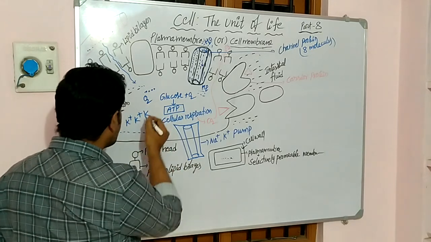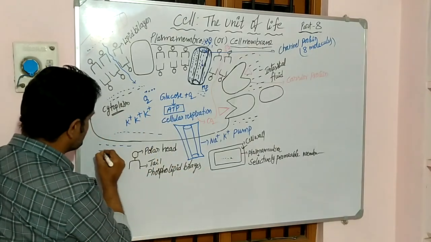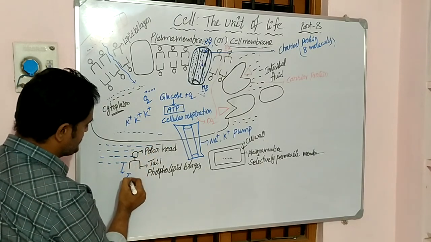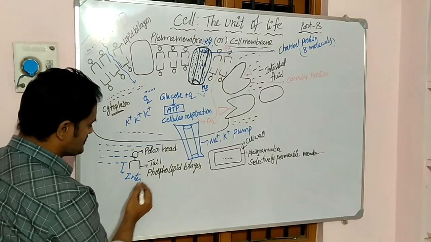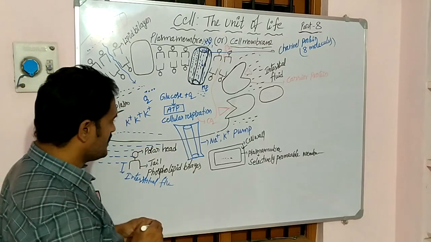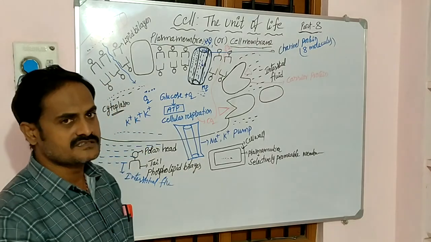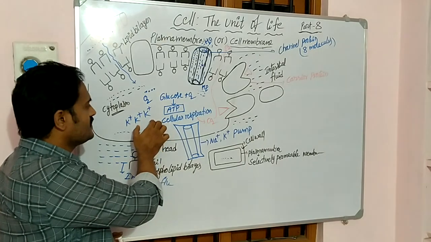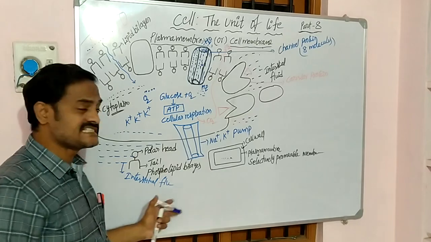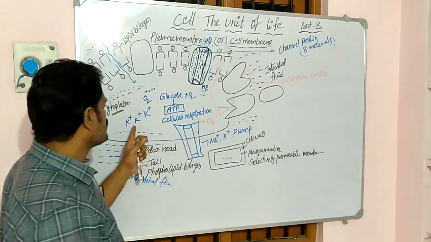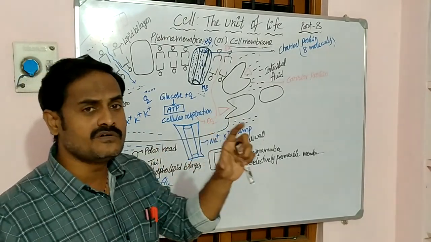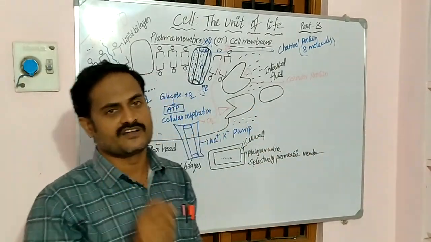Remember, compared to the interstitial fluid, that is the fluid which is present outside of the cell, the potassium ions are richly present inside the cytoplasm. So inside of the cell, potassium is the most abundant ion, remember that.